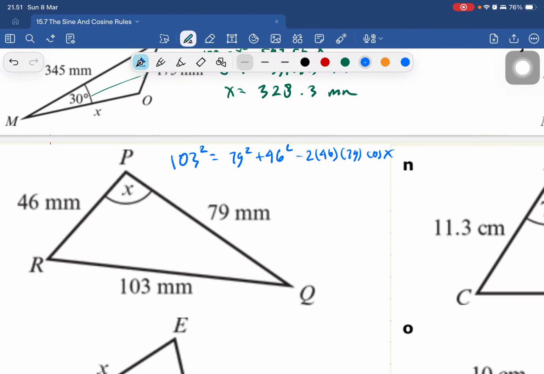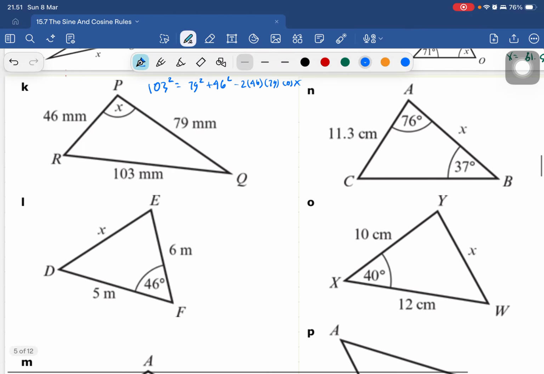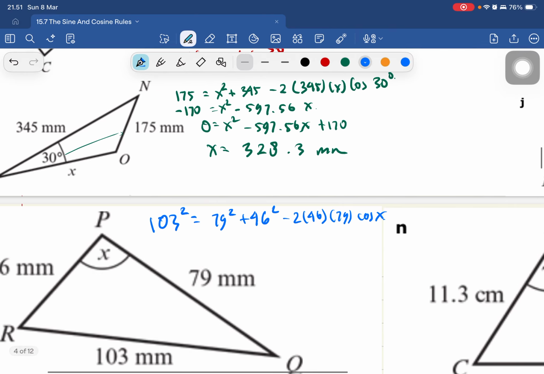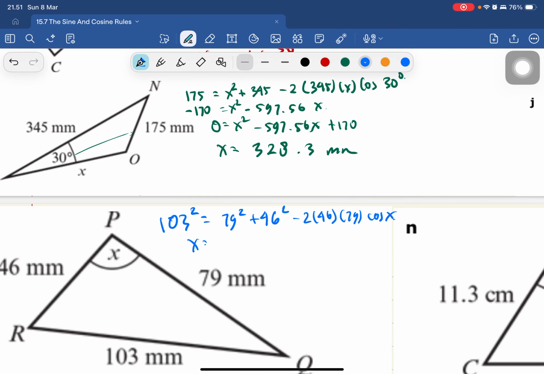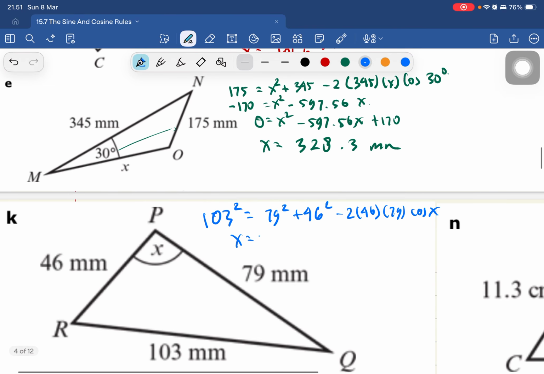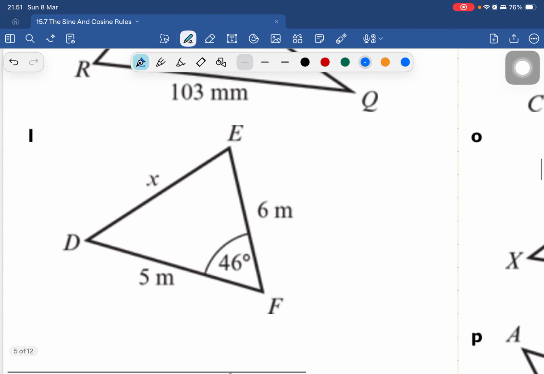Step by step I have shown it before, so you just use a calculator. So the x, the angle after you make it as the inverse, it's gonna be 108.1 degree.